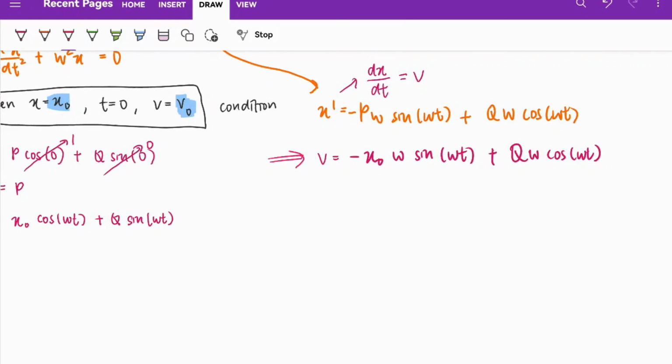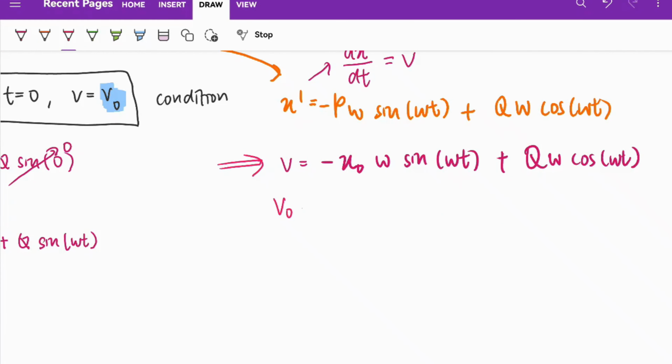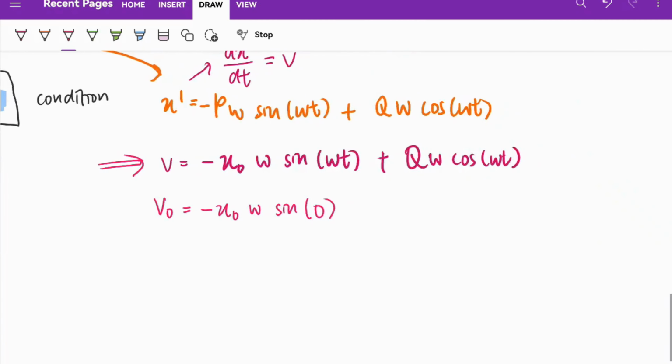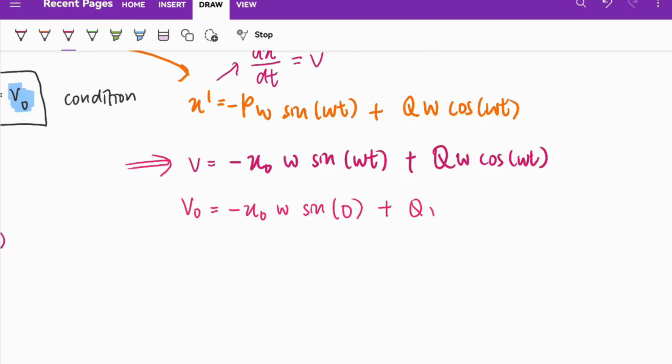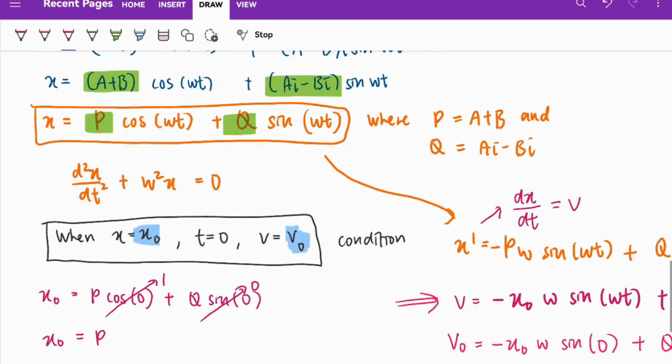What is V? We know V is v naught, equals negative x naught omega sine omega times 0, because your t is 0, plus Q omega cos 0. Now I know you might be thinking why I didn't use this equation to actually solve it, because I don't have that much information to just use this equation.